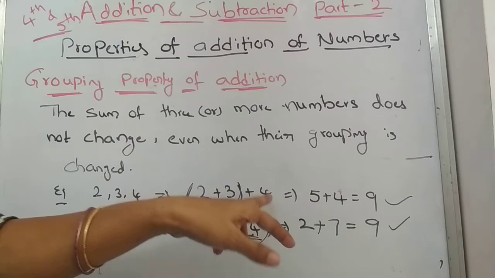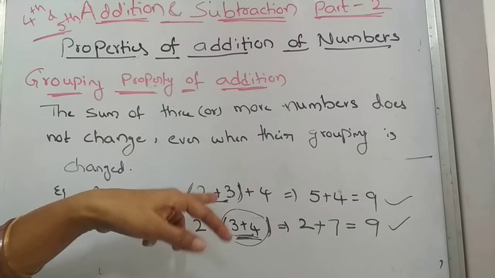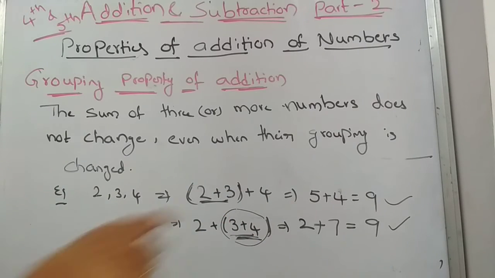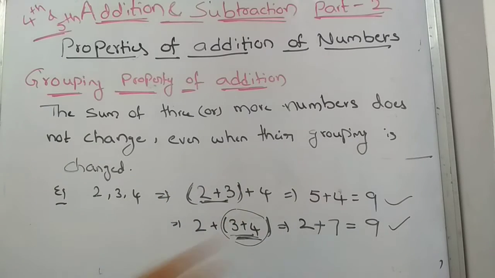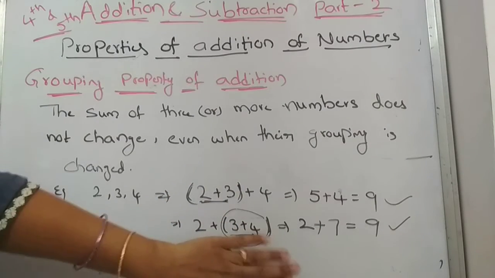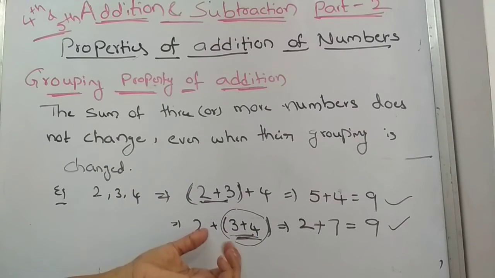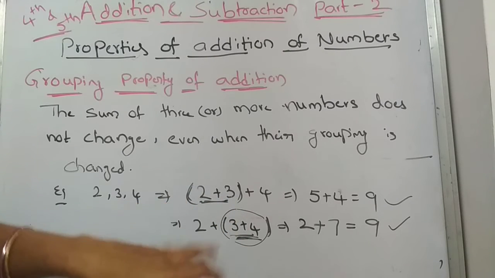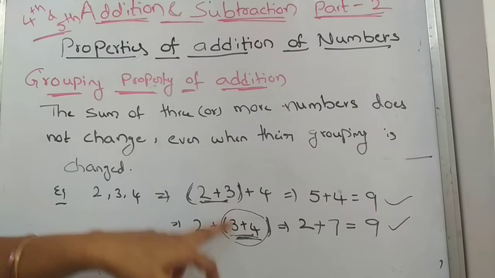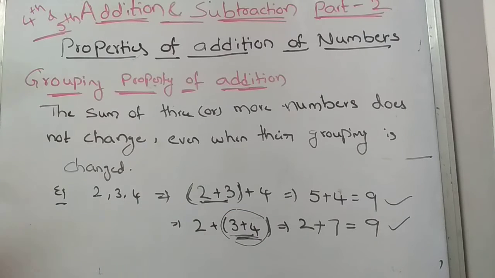After that I added the answer to the other number. 5 plus 4 equals 9. Then I am changing the grouping; I am not changing the numbers. Here 2 plus 3 is one group. In the second, 3 plus 4 is one group. So 2 plus 3 plus 4 equals 2 plus 7 equals 9.